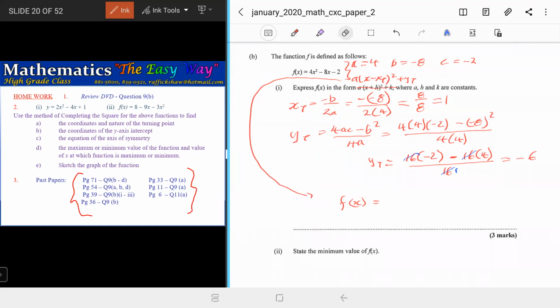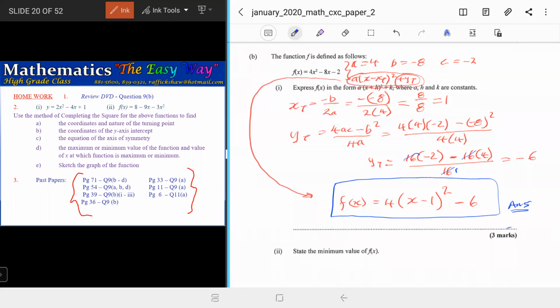It becomes a, which is 4, into x minus xt, which is 1. Don't forget the square, plus yt, and yt is negative 6, minus 6. This is my answer. Three marks for that.